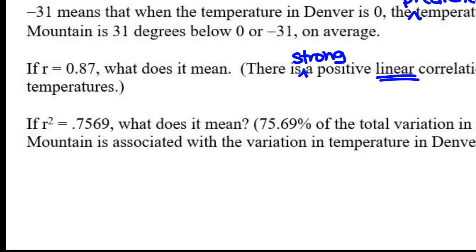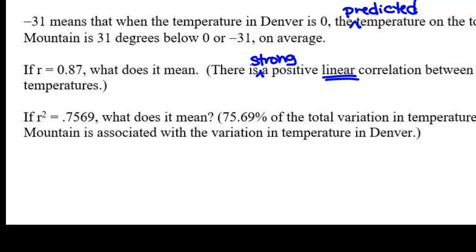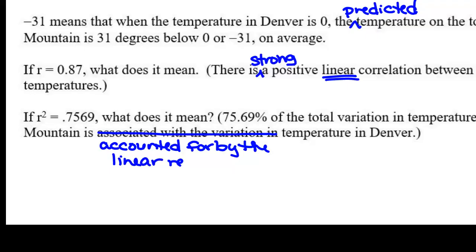I would even say is accounted for by the linear relationship. So I would say is accounted for, or because of, the linear relationship with temperature in Denver. That's the way I would word this.